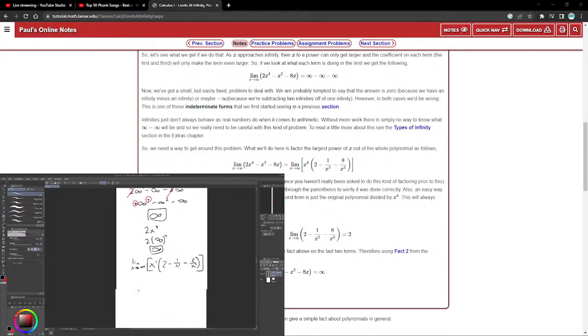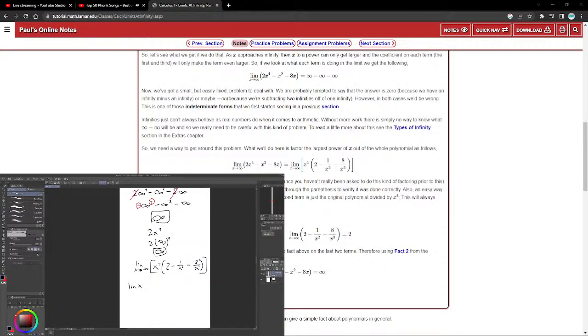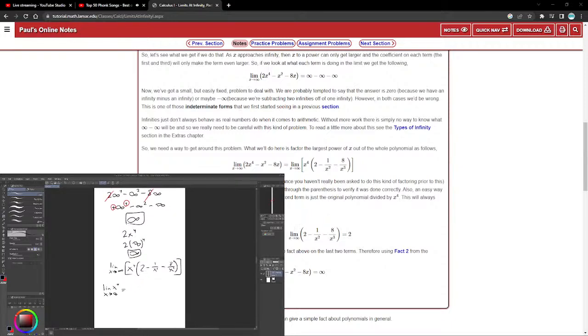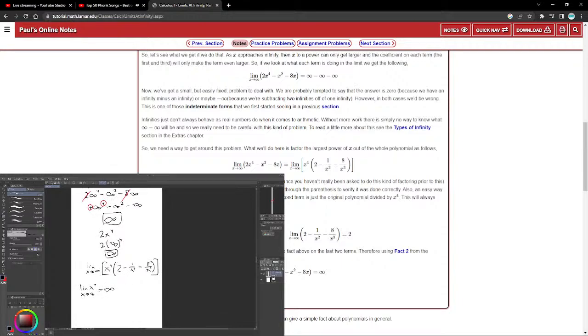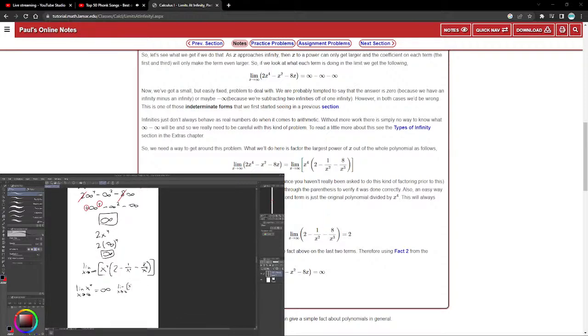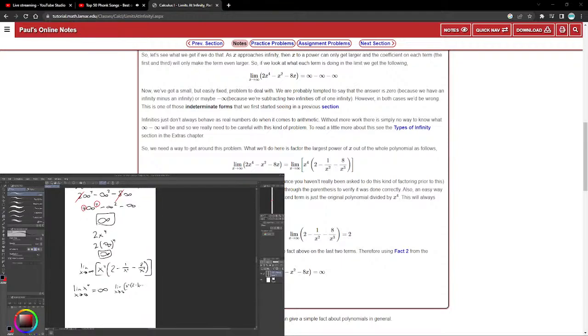Okay, so they split it up. The limit of x to the power of 4 as x approaches infinity equals infinity. And the other one, (2 minus 1 over x squared minus 8 over x cubed).